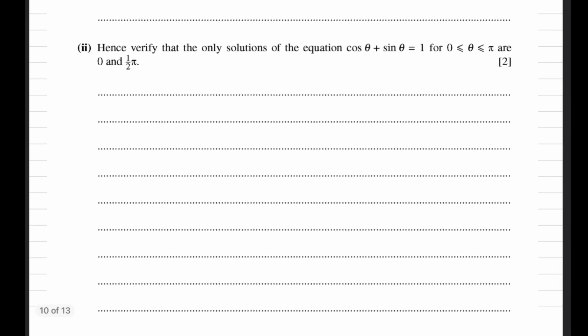The second one: hence verify that the only solution of the equation cos theta plus sine theta equals 1, for theta in between 0 until pi, are 0 and 1/2 pi. From the previous equation, we already proved that (cos theta plus sine theta) squared equals 1. That makes cos theta plus sin theta equal to plus or minus 1, right?